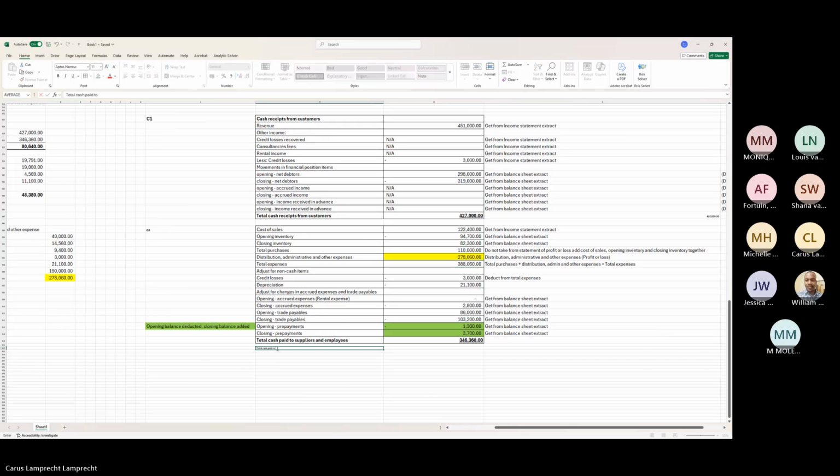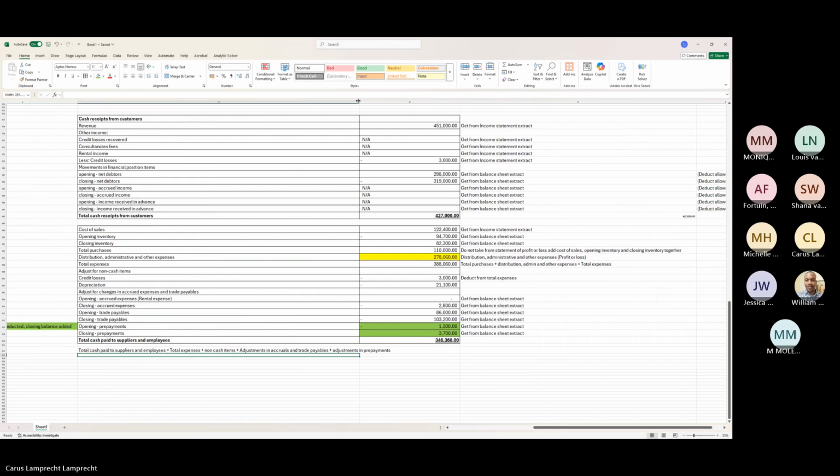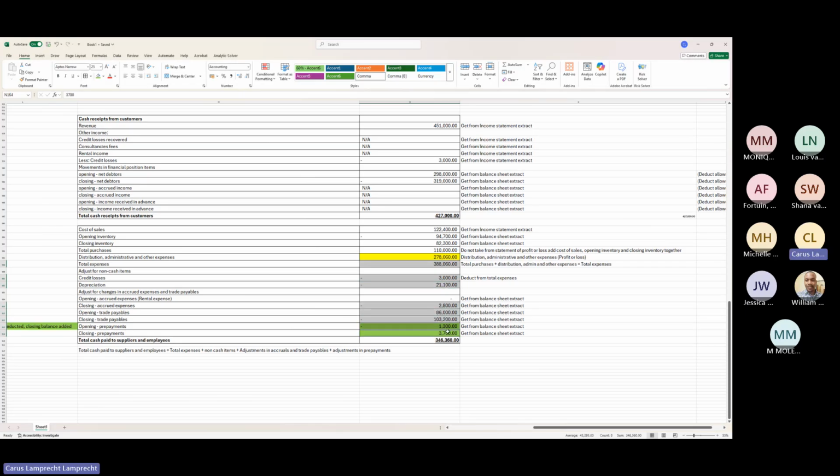Total cash paid to suppliers and employees equals your total expenses, less or plus, actually, because it's a negative already, non-cash items, then plus adjustments in accruals and trade payables, plus the prepayment adjustment. Essentially you just take this, and I can test it. Yeah, you get to that answer.